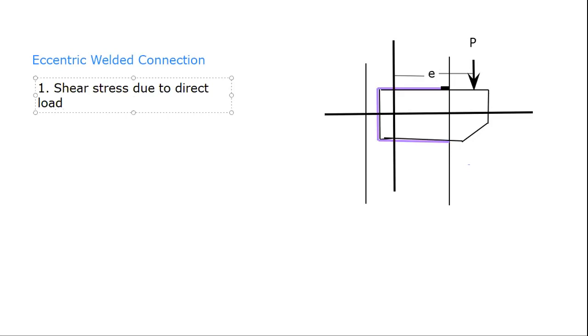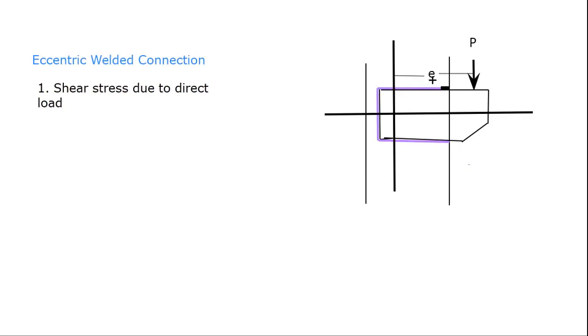So first let us see what is this direct load. This welded connection, which has a load acting at an eccentricity E, we can draw an equivalent loading arrangement for this connection. So let us see what this equivalent loading arrangement will be. Suppose we are marking it as red.